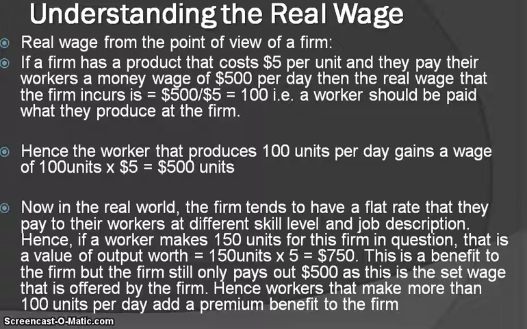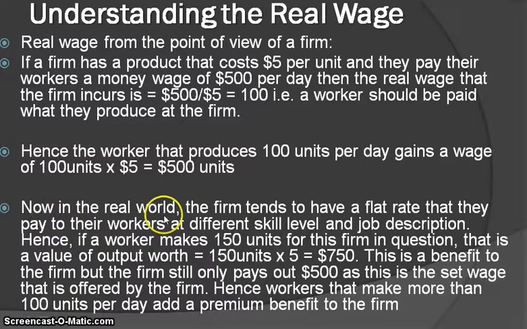And of course, it's a benefit to the firm if the worker produces more than 100 units of output. Why? Well, let's look at it this way. The worker that produces 100 units per day gains a wage of 100 units multiplied by 5 equals 500.